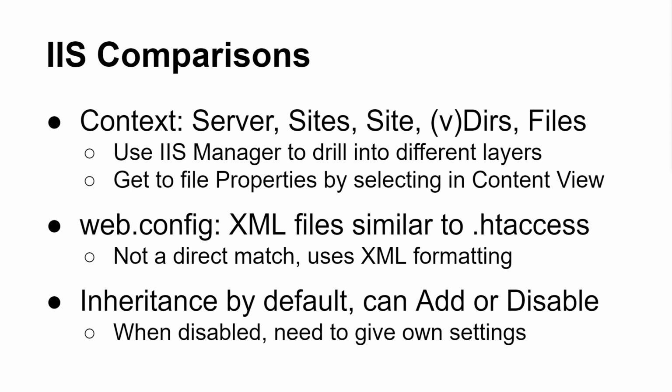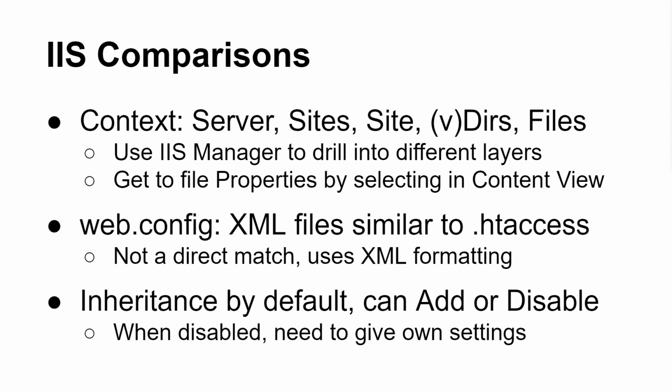After that, you right-click on the particular file, go to Properties, and then go back to not content view, but directory view, and it should show the specific features that you can enable or disable for that one particular file. In IIS, we don't normally play around or add specific features to individual files, so that's their reasoning for hiding that particular setting in IIS.